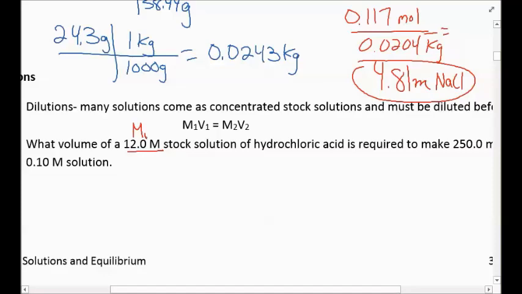It doesn't really matter which one you make, M1 and M2, as long as you're keeping them together. So in this problem, we're trying to figure out the volume of the stock solution needed to make a 0.1 molar solution, which is M2, and 250, which is V2. So we need to rearrange this in this case to solve for V1.